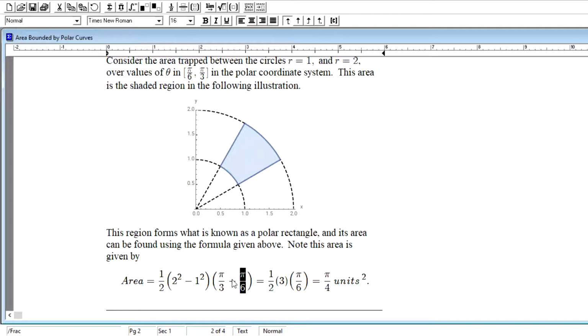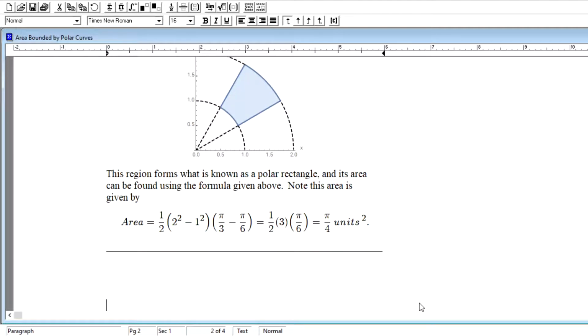Now, pi over 3 with a common denominator of 6 is 2 pi over 6, so 2 pi over 6 minus pi over 6 equates to pi over 6. And 2 squared is 4, 1 squared is 1, so 4 minus 1 is 3. So it's 1/2 times 3 times pi over 6, which simplifies to pi over 4 units squared. The area found within this polar rectangle is pi over 4 units squared.